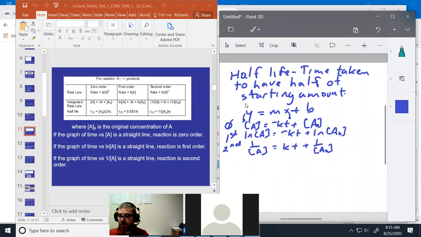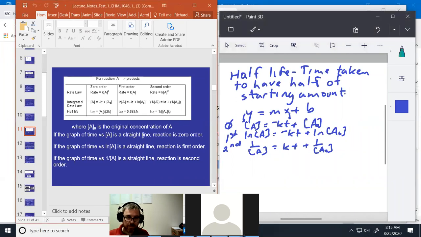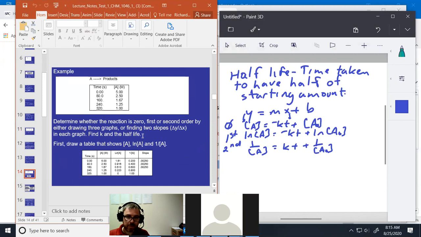So what we can do in order to use this data that I talked about earlier, let's go back to that. And this is the data that we're talking about. What we can do is investigate what each of these graphs looks like.